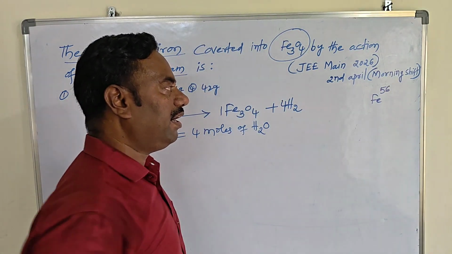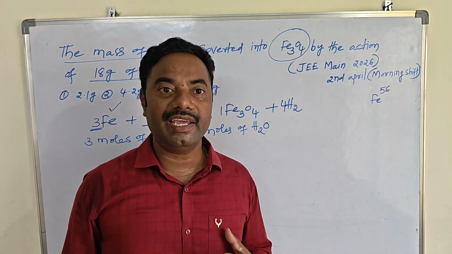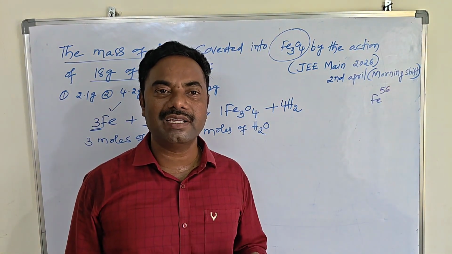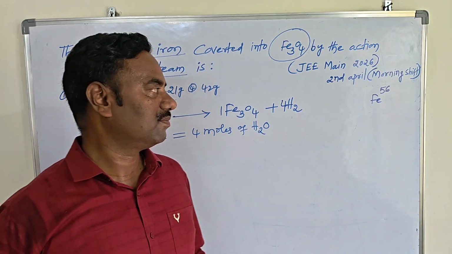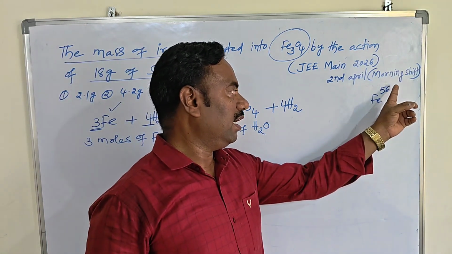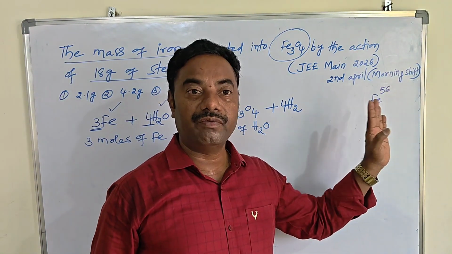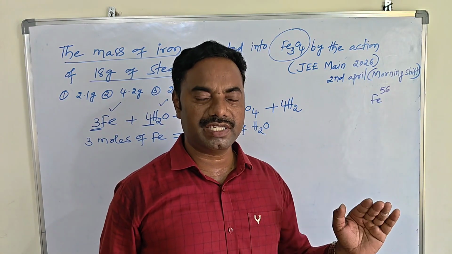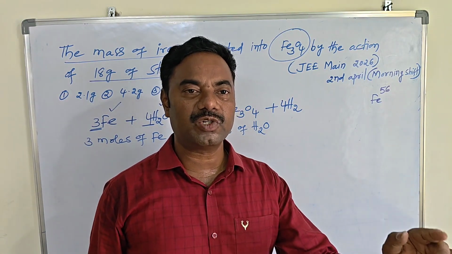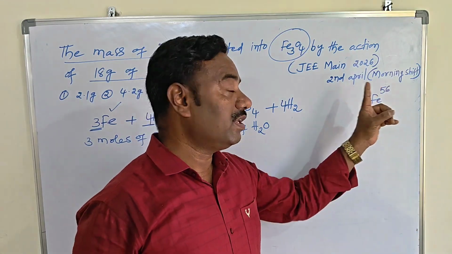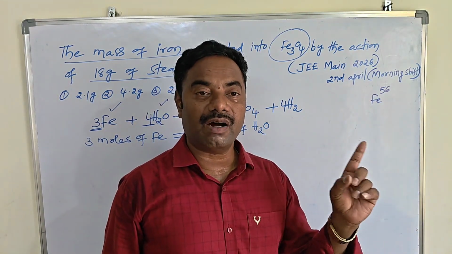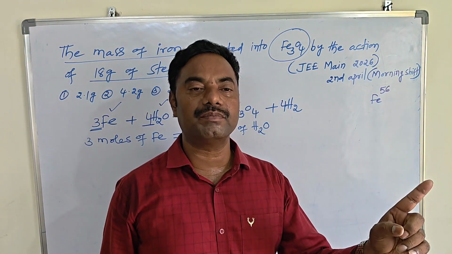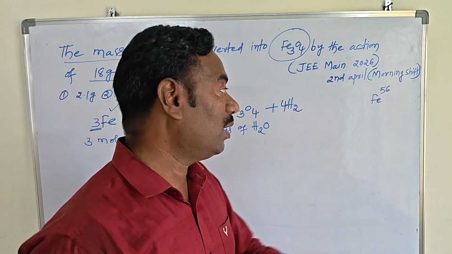Already in my channel I explained atomic mass and gram atomic mass. This is the mass of iron. If that mass is in AMU, 56 AMU is equal to 1 iron atom. 56 grams contains Avogadro number of iron atoms, which is equal to 1 mole.